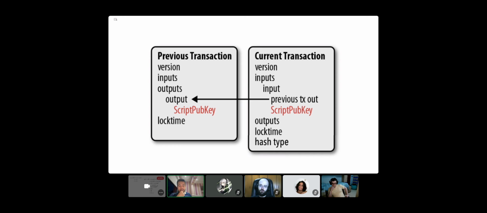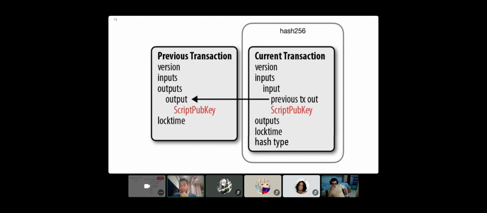Next, I will add a number here, which is called the hash type, which is likely to change the semantics of what is being signed. I'm not going into details about this. And this modified transaction will be double hashed with the SHA-256 function. And this final hash is the message, that Z number that's used to sign and to verify.